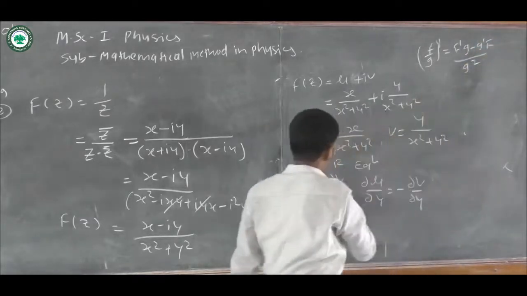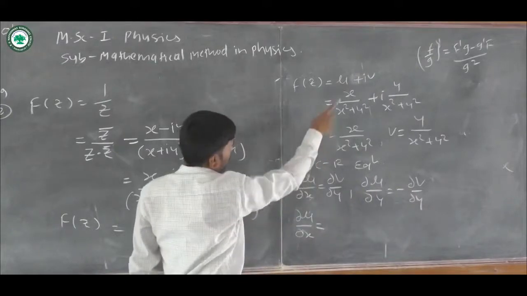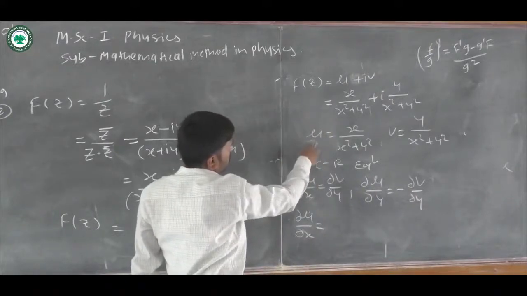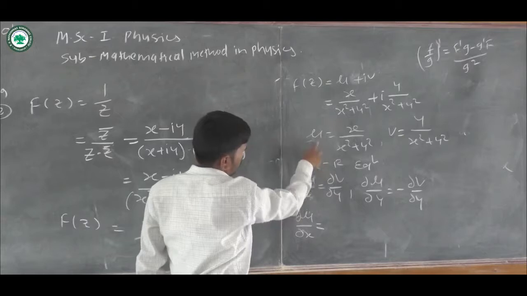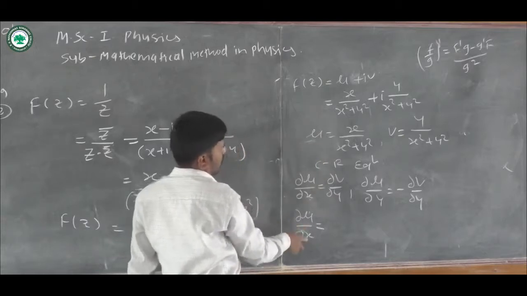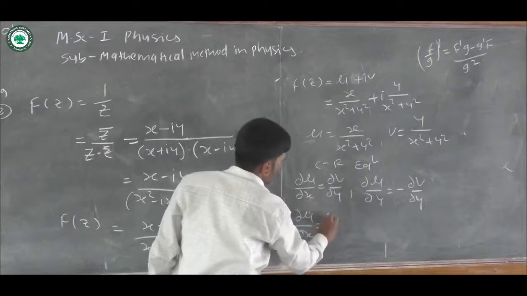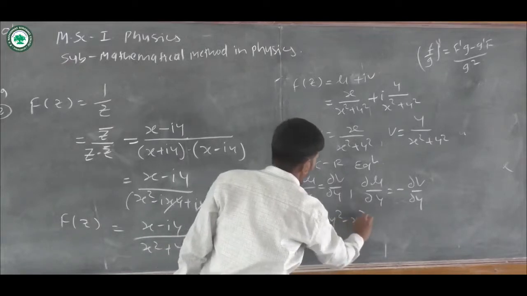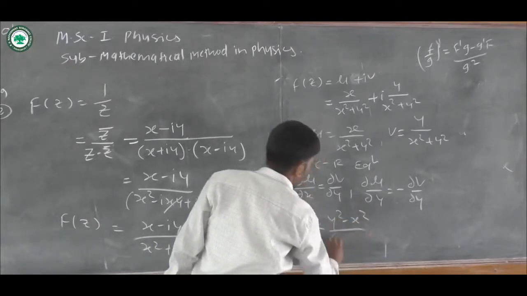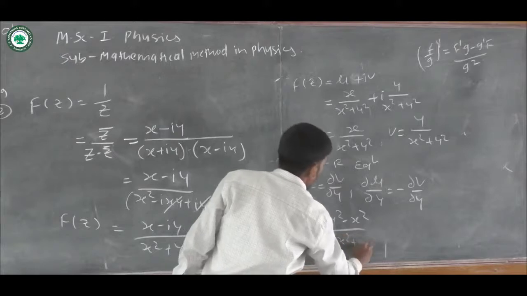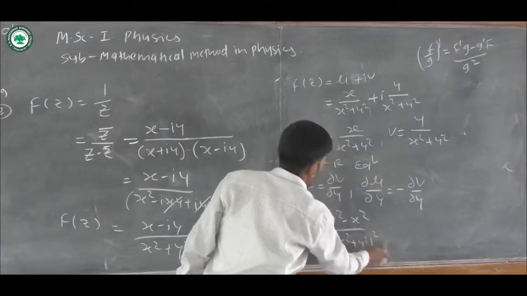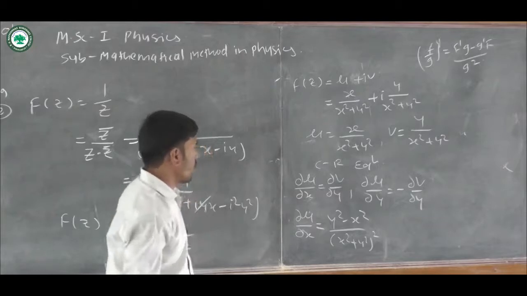Okay, so I apply this derivative rule here for this u. With respect to x, I am directly writing the answer, that is y square minus x square divided by x square plus y square whole square. Okay, this is for du by dx.